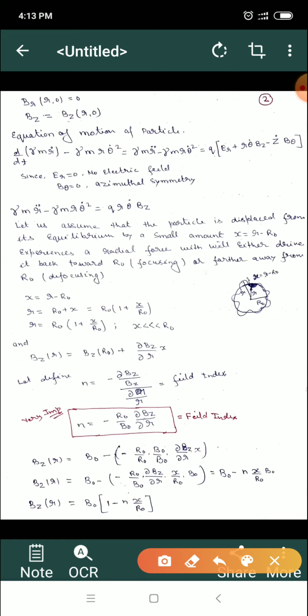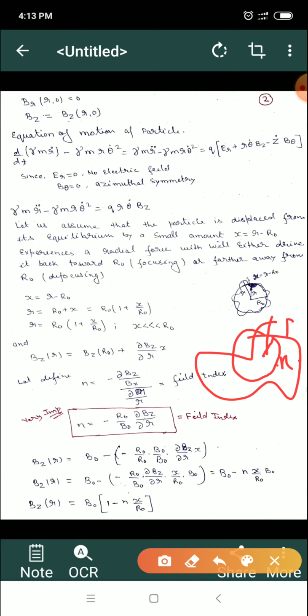So what I mean to say is that when the charged particle is moving in a circular path with radius R0, let us assume it is displaced by a small distance x to a new position, small r. This will make an oscillation in the circular orbit.